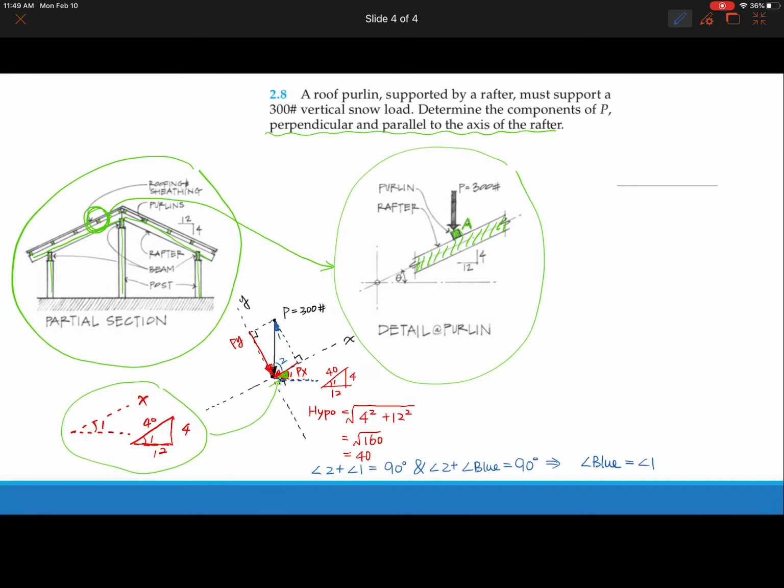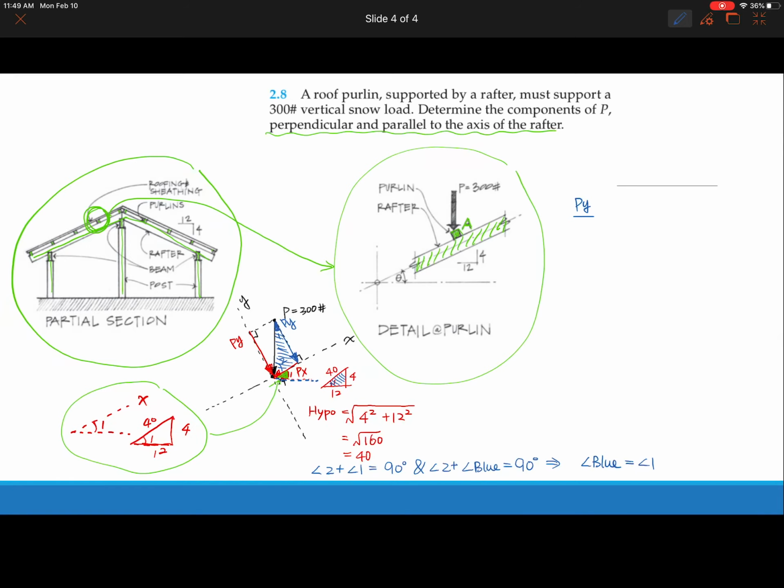If you move the Py to the right side over there, you can label it as Py. So Py, Px, and P make up a right triangle, and that blue triangle is similar to this one. Now you have to find the corresponding sides and the ratio of corresponding sides. Look at Py.